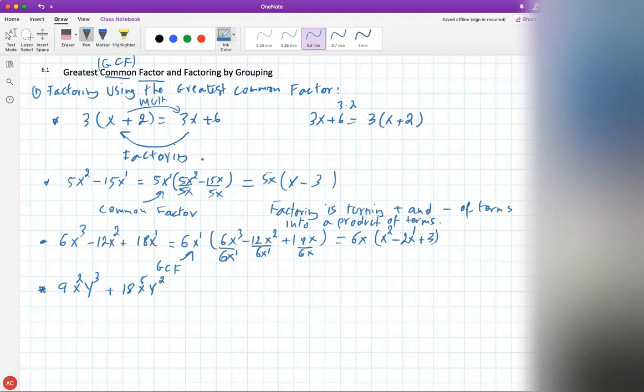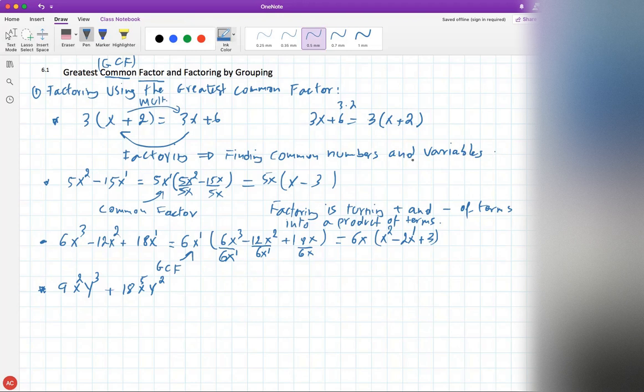Again, factoring, another definition besides this one, is finding common numbers, common factors, or common numbers and letters, common numbers and variables. Also, factoring is the opposite of multiplication.